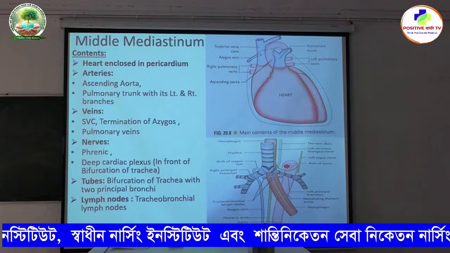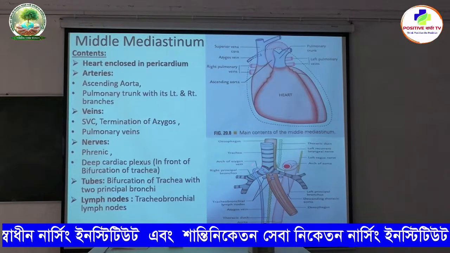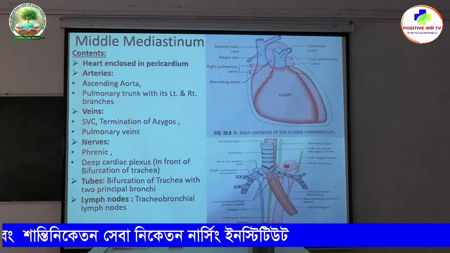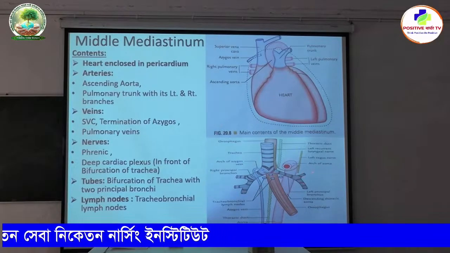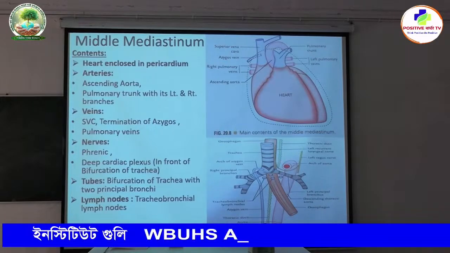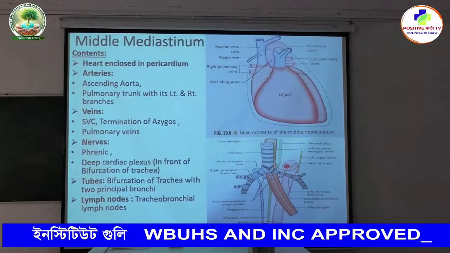And here you can see the arch of azygous vein arching over the right bronchus, arch of aorta arching over the left bronchus, and below the arch you can see the recurrent laryngeal nerve ascending in the tracheoesophageal groove. This is thoracic duct. This is trachea and esophagus, this muscular tube is esophagus. These are included in posterior mediastinum, and these are the lymph nodes, tracheobronchial lymph nodes.